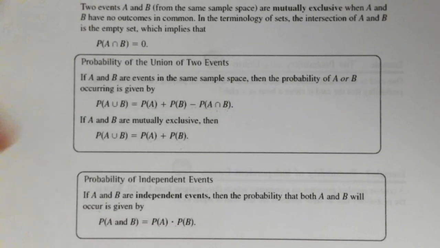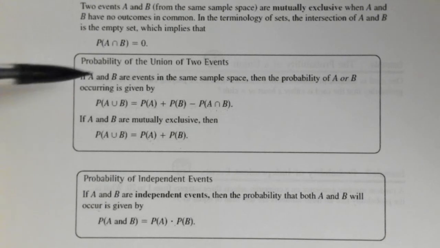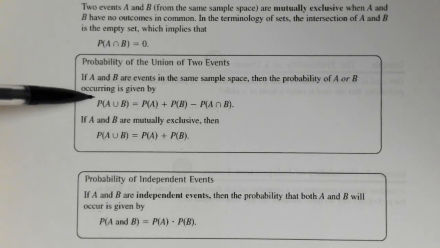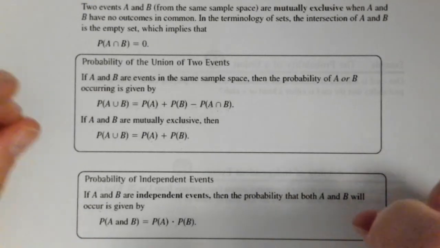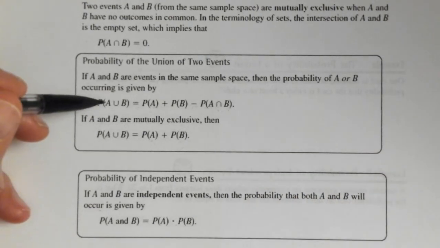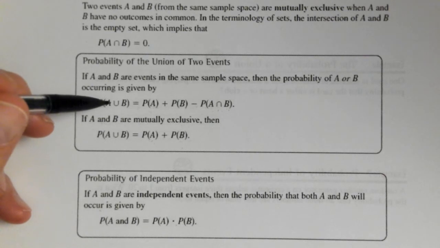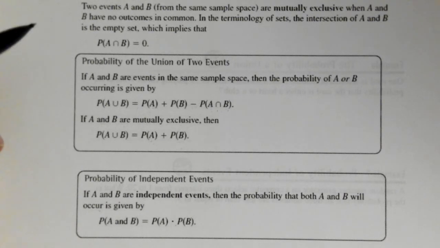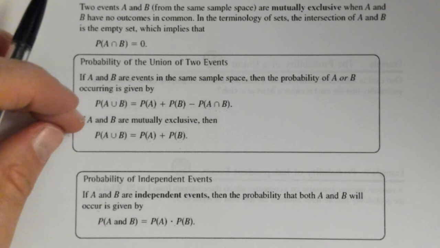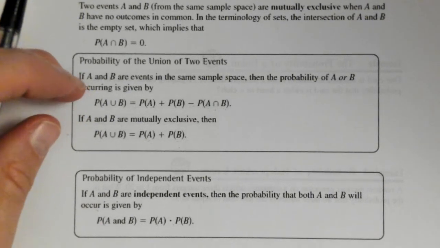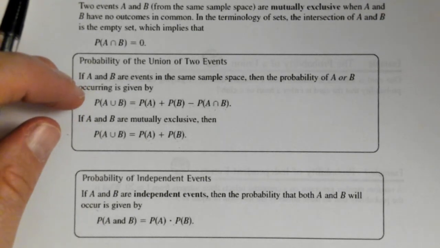Now, when we're talking about the probability of the union of two events, then you're still having one occurrence, or you're just choosing one thing, right? But you want to know what's the probability of getting either one of those things, right? And so again, to distinguish between mutually exclusive and ones that are not mutually exclusive, you can think about this.